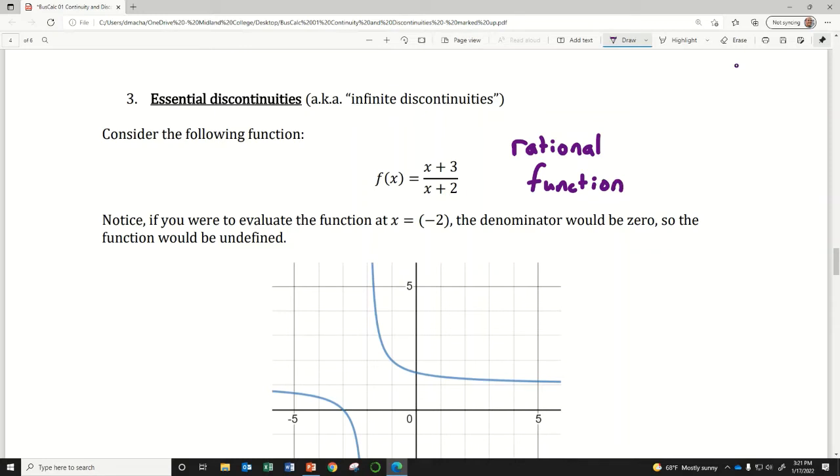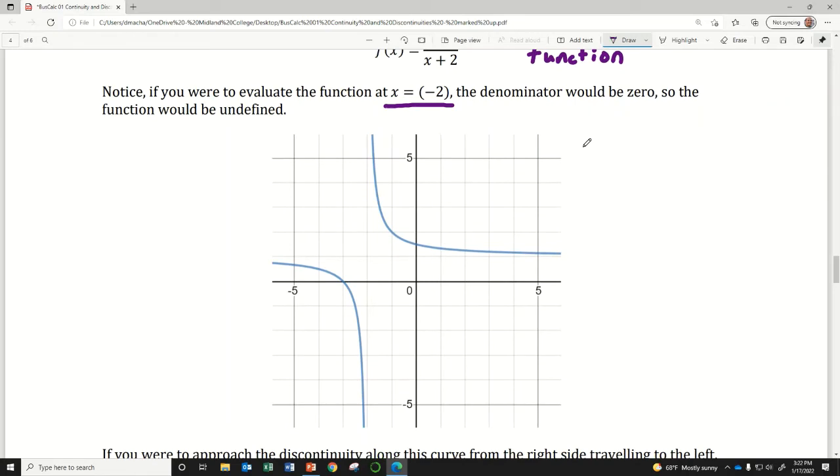If we evaluate my function at x equals -2, this gives me -2 plus 3 in the numerator, and -2 plus 2 in the denominator, which would be 1 over 0. Of course, 1 over 0 doesn't give me a real number, so the function is undefined whenever x is -2.